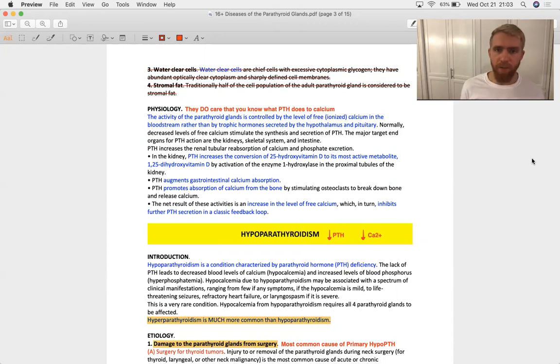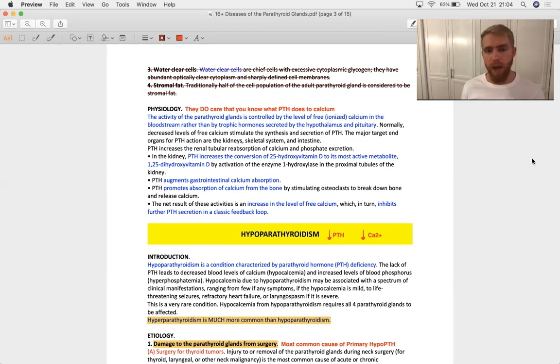So phosphate is reabsorbed in the proximal convoluted tubule, and it's got a specific organic anion transporter. And PTH, when present, will block the expression of that transporter on the apical surface of proximal convoluted tubule epithelial cells, and so it will block phosphate reabsorption.